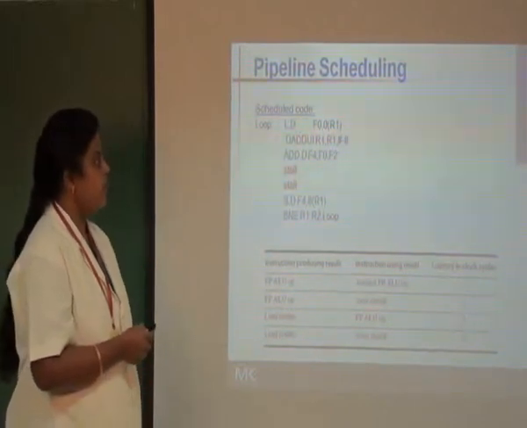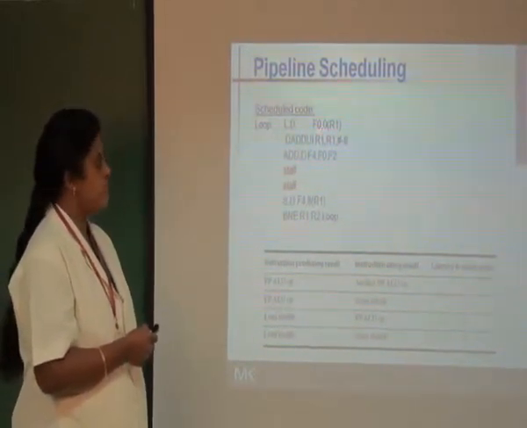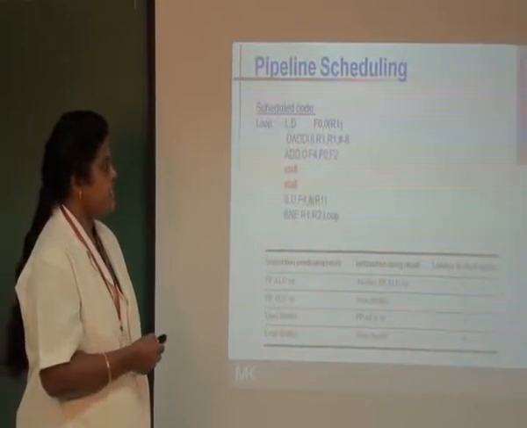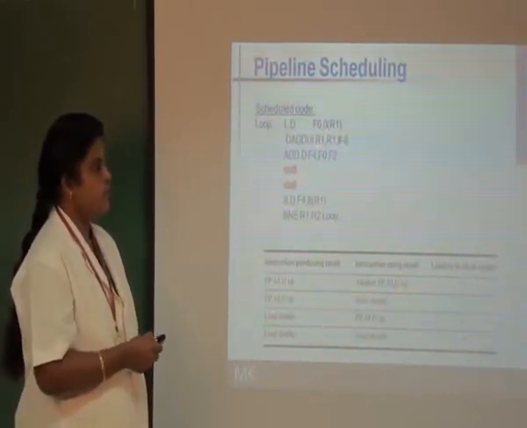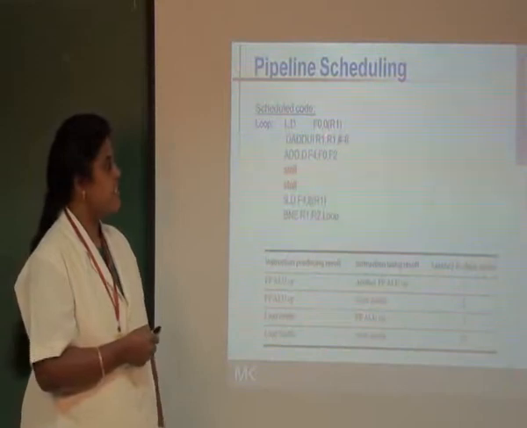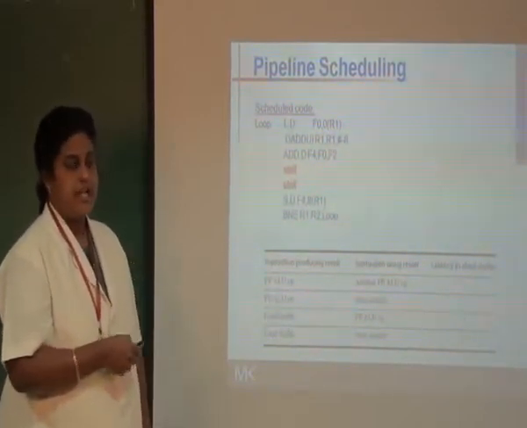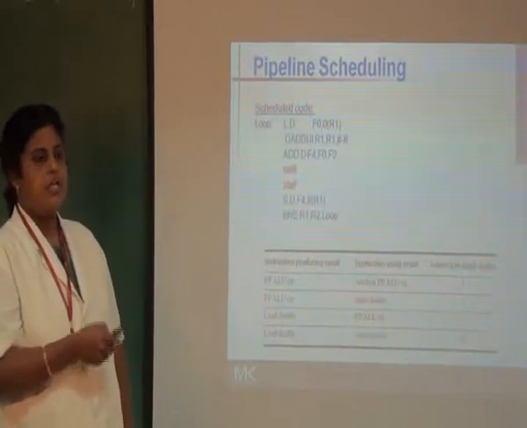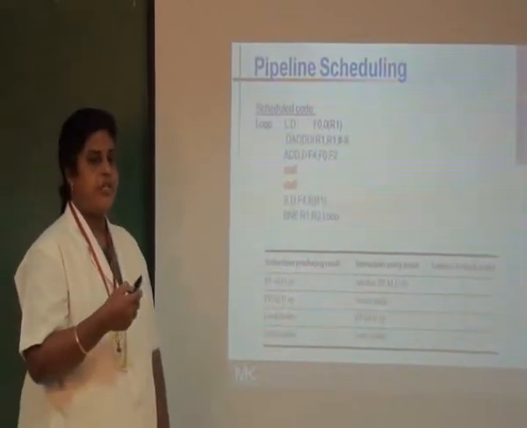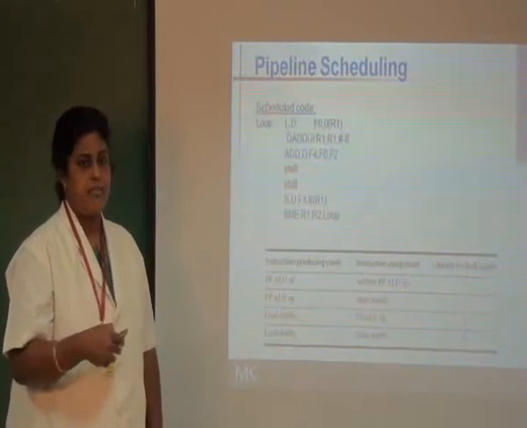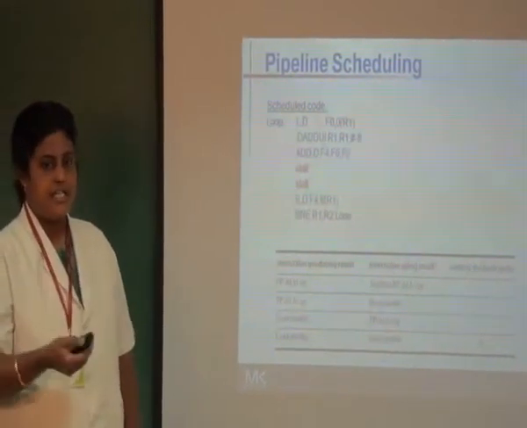Here we have load F0 of R1 as usual, and then here itself we make R1 point to the next data, because the register R1 is not going to be used afterwards. So immediately R1 is made to point to the next memory location where the next data is to be fetched.